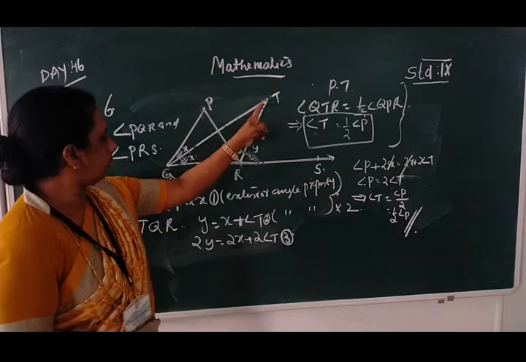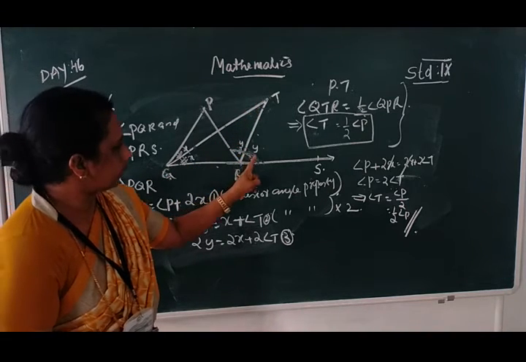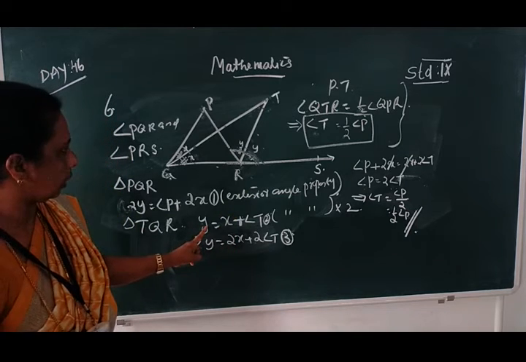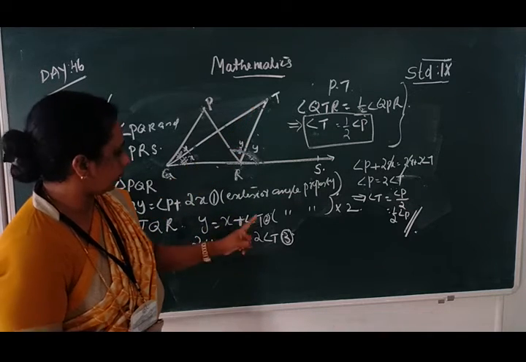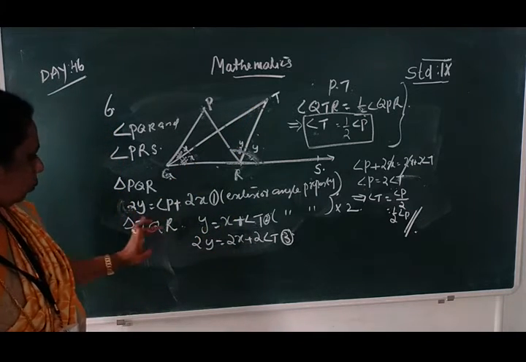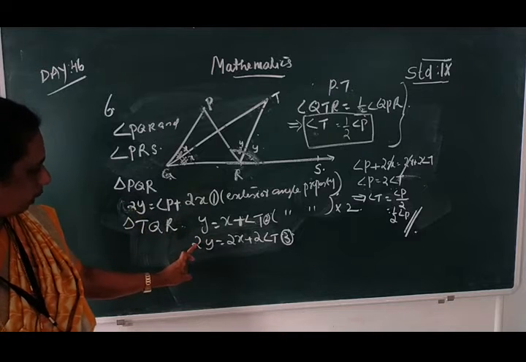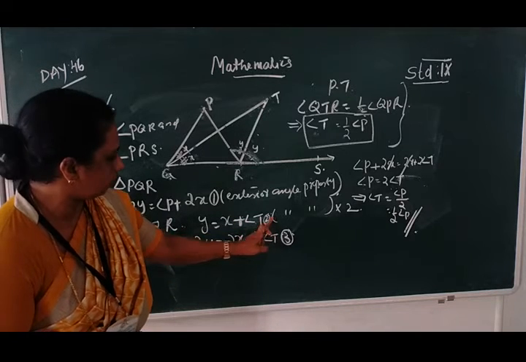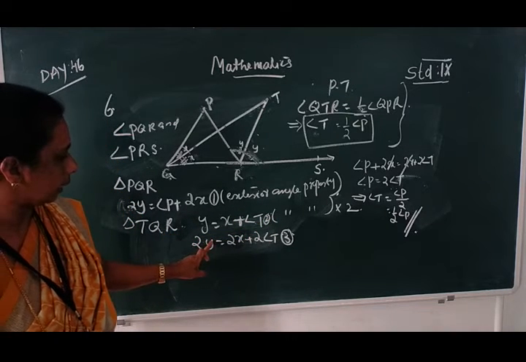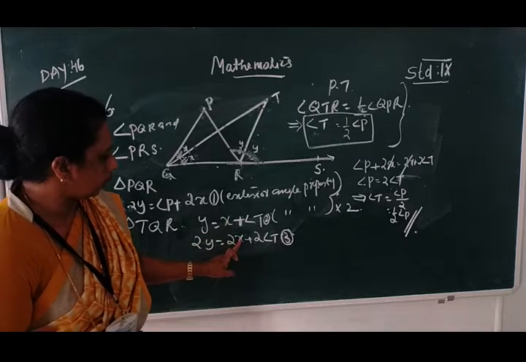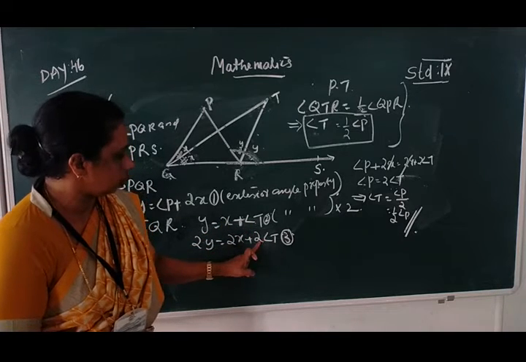Consider the triangle TQR, its exterior angle y is equal to x plus angle T. From these two equations, we want to equate the left hand side. So multiply this equation by 2, we get 2y is equal to 2 into x, 2x plus 2 into T, 2T.